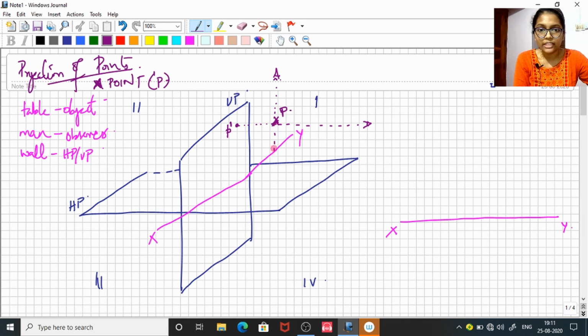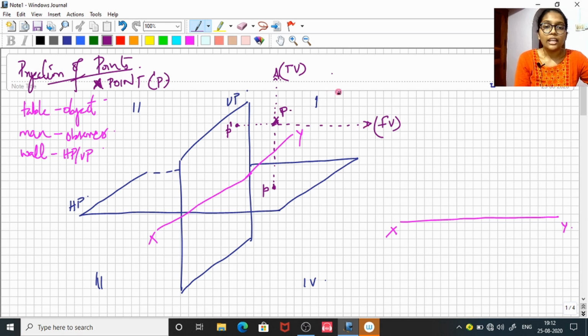This line of sight comes down and hits the HP at point small letter p. That is, the observer is making two views: one is a front view, another is a top view.